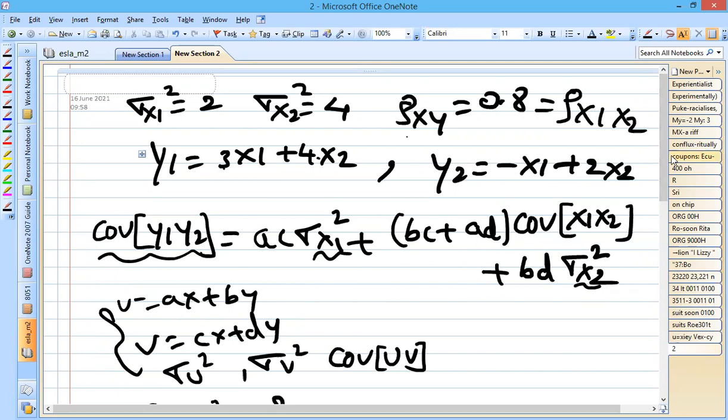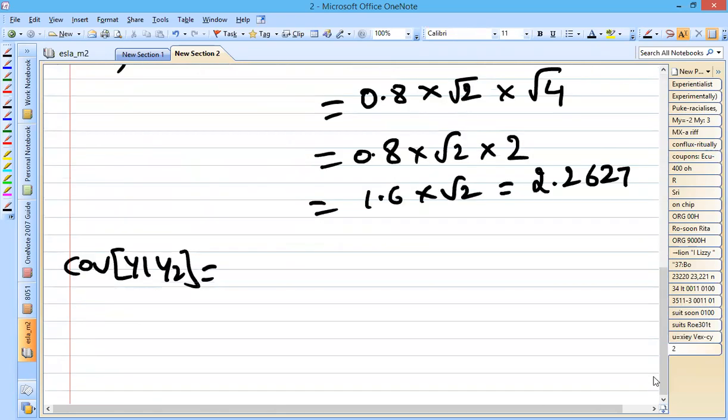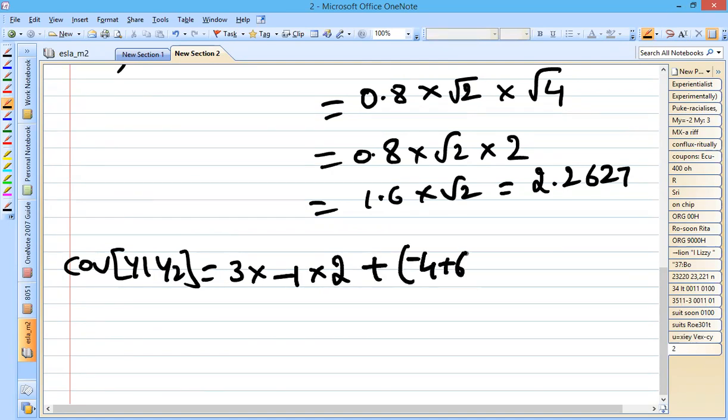Covariance of y1, y2 is equal to a is 3 and c is -1, sigma x1 square is 2, plus bc plus ad, that is -4 plus 6, times covariance 2.2627, plus bd, which is 8, multiplied by sigma x2 square, which is 4.